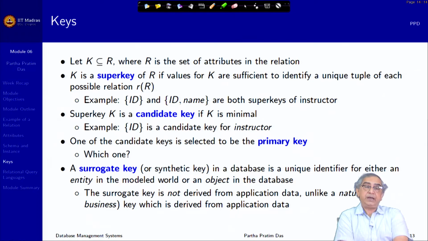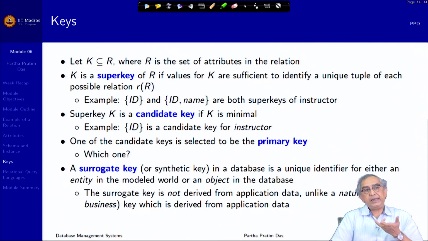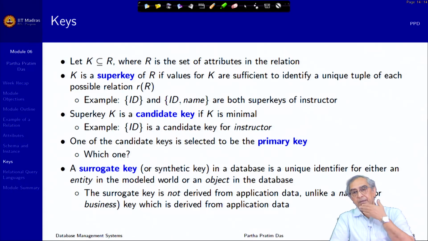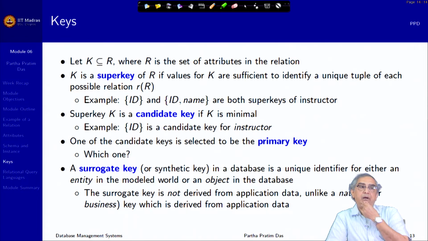In many cases, you are saying that the data itself is unique. But the data itself may not be unique. For example, I am making an order on Big Bazaar. I can make multiple orders of the same item, of the same quantity, on the same day, and so on.